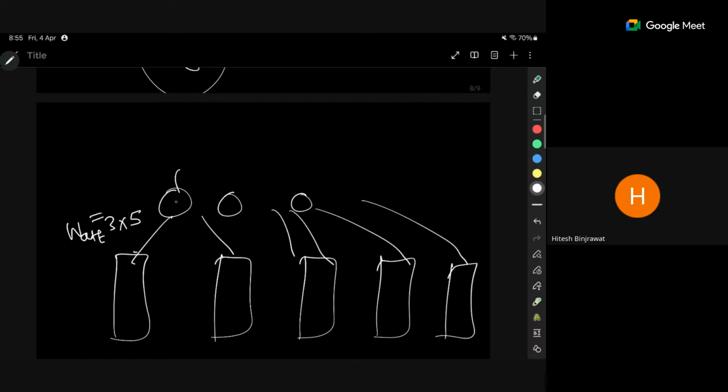Whatever I get as output, I can't use this directly, right? These are currently independent of each other. I need some probability distribution which tells me which word is more important. Let's say this word is more important, then it should have a higher probability value.